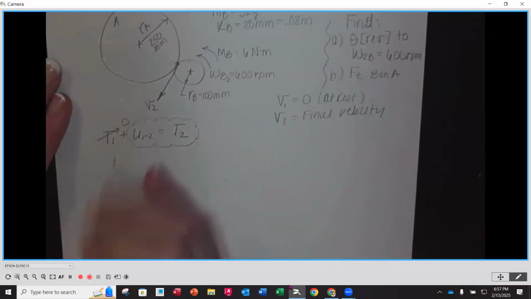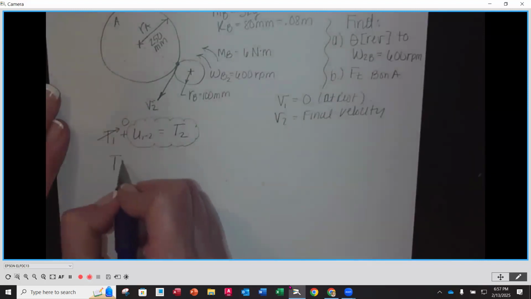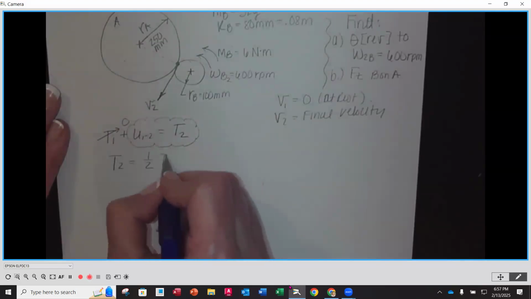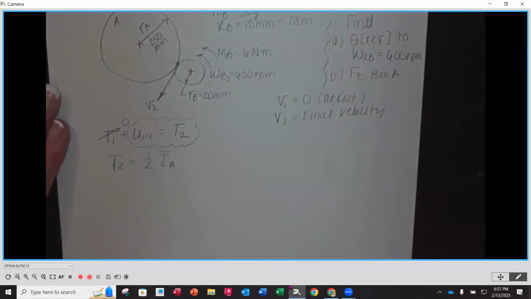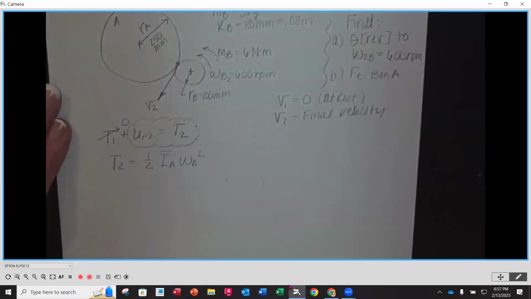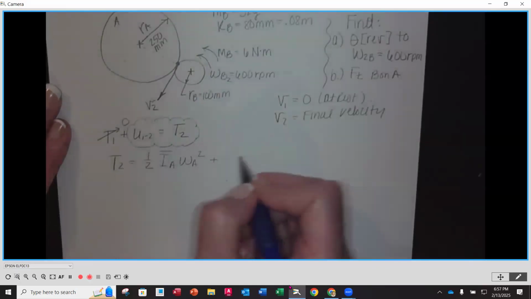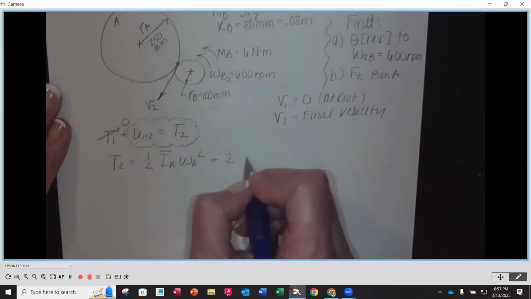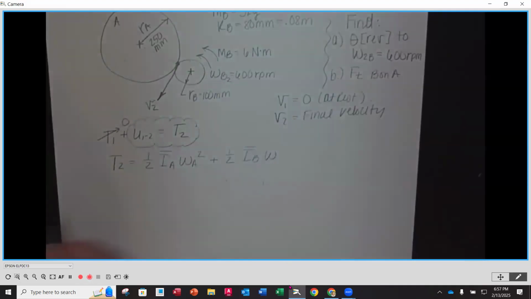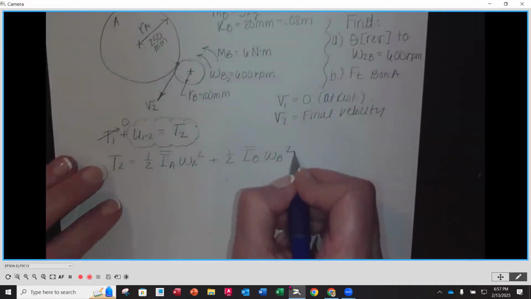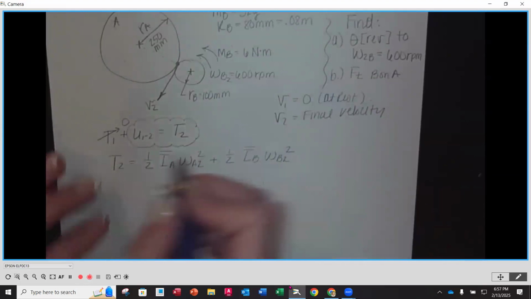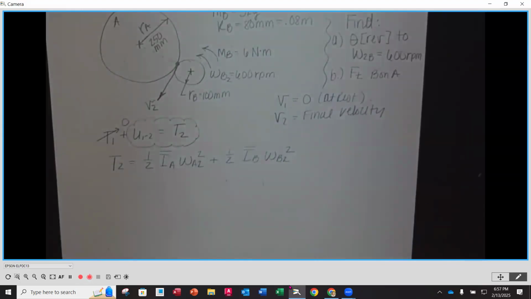So our T2 is going to be equal to 1/2 moment of inertia of A times angular velocity of A squared, plus 1/2 times moment of inertia of B times the angular velocity of B. We're going to call those ω_A2 and ω_B2 squared because they're the final velocities.